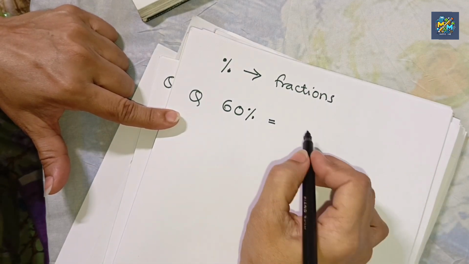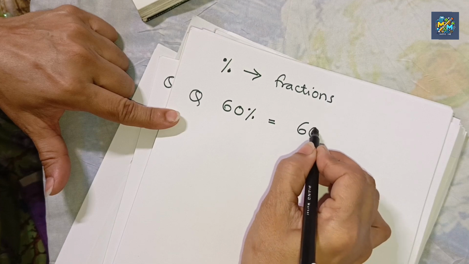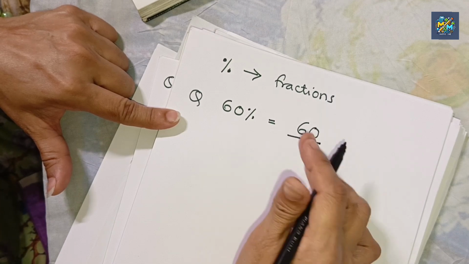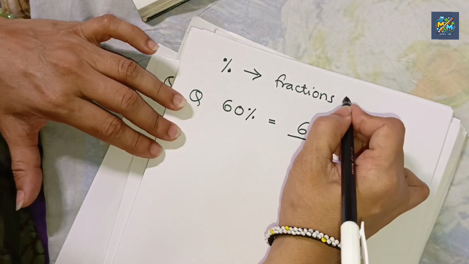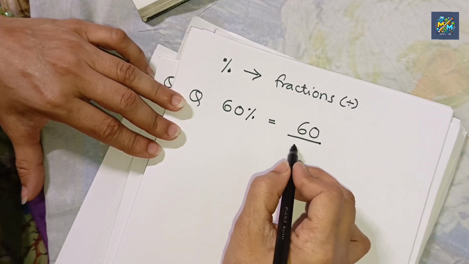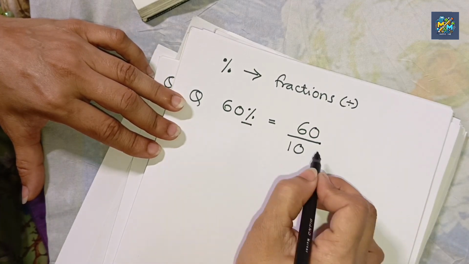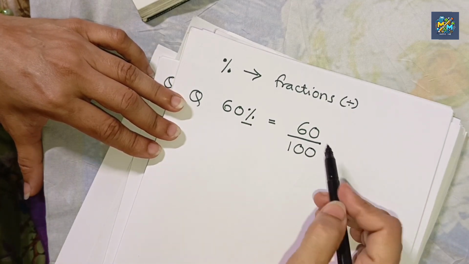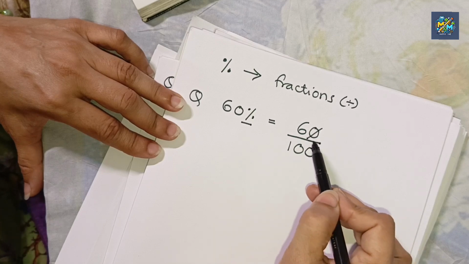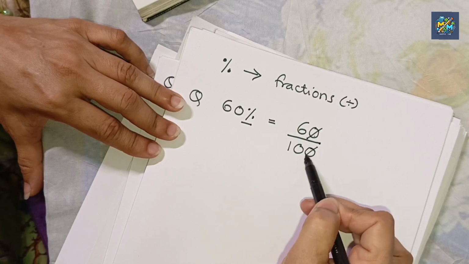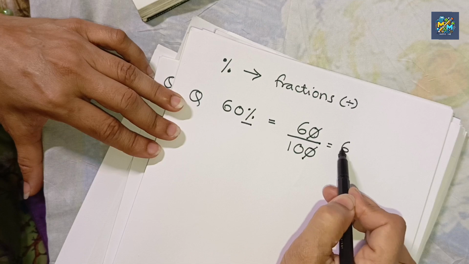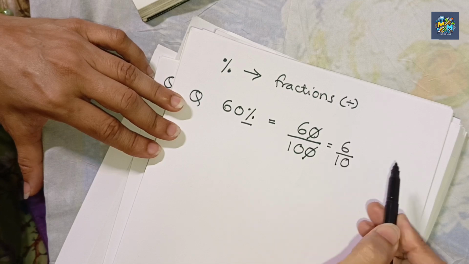So let me see how we can do that. This is 60 upon, fraction means to divide something. So upon, percentage means 100. So now what I will be doing, cancelling a 0 with a 0. So what is left? 6 upon 10.